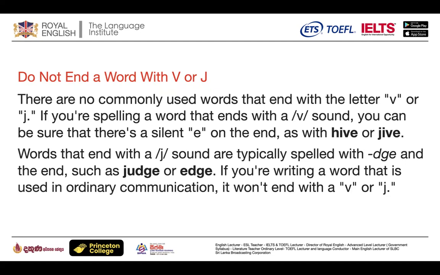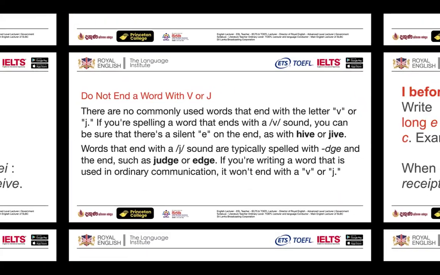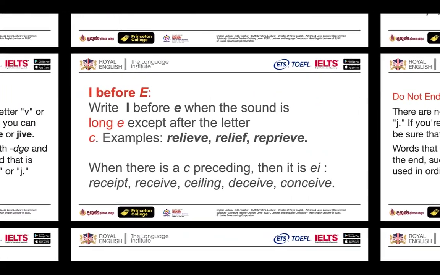You cannot use it without the E. Words that end with the J sound are typically spelled with DGE, such as judge. So you don't use J at the end. It should be DGE, or edge. Likewise, if you are writing a word that is used in ordinary communication, it won't end with the letters V or J. So let's go to the next one.